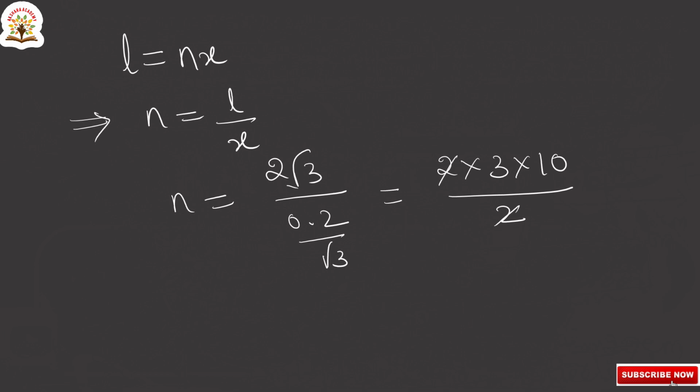Here 2 gets cancelled, so n is equal to 30. So the ray undergoes n reflections, 30 reflections, the maximum number of times here. Therefore n is equal to 30, the number of reflections is equal to 30. Okay, thanks for watching this video.